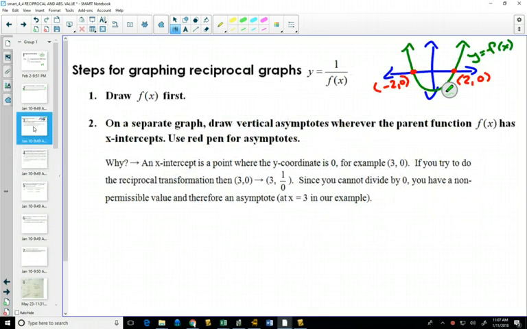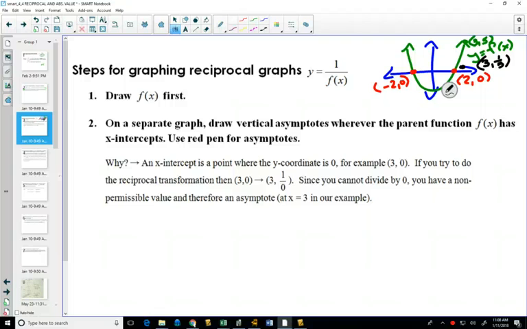Again, look at my parabola. Can you see that that green parabola goes up forever? So I'm going to have some points, like here it looks like I might have (3, 5). What's going to happen to that point when you do the reciprocal? The y value is going to change from 5 to 1 over 5, and it's going to get small.